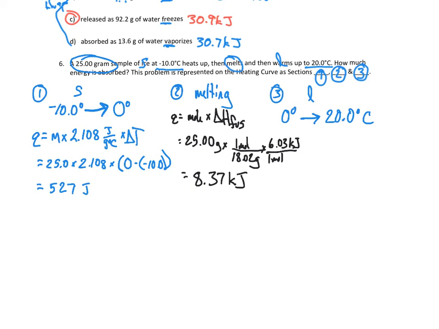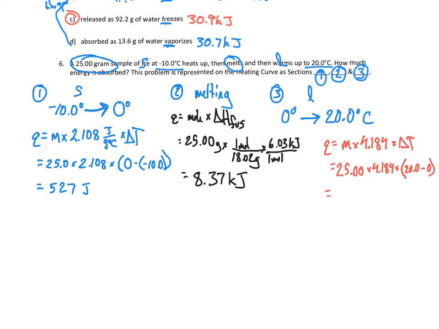And lastly, my liquid water. So this is going to be Q equals m times my specific heat for water, 4.184, times delta T. My mass is still 25.00 times 4.184, but now my change in temperature: my final temperature is 20 and my initial is 0.